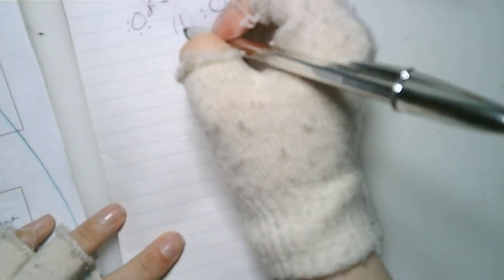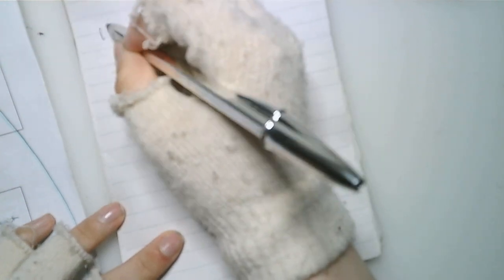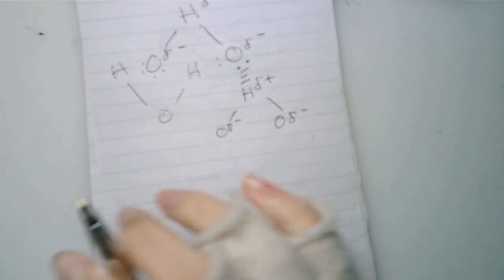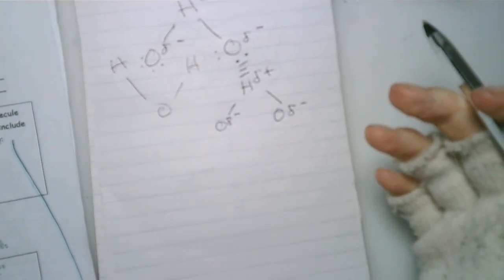So the molecules are less densely packed together, because you can't have them going like that. That is a bit more dense than if it was just held open like this. So that's why ice is less dense than water.